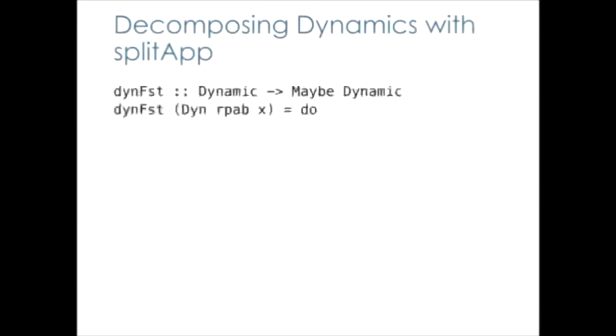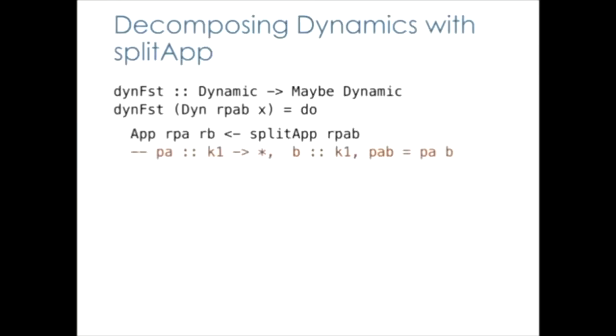And then the other thing is, so we do the split app. So go back to Dine first. We do that split app, right? We take our PAB, we find out that we can separate it into some PA applied to B. The PA has this kind, some K1 arrow star, so it's got to be something you can apply. B has to be something you apply it to, and we know that these are equal, so that's where the existential kinds come into play.